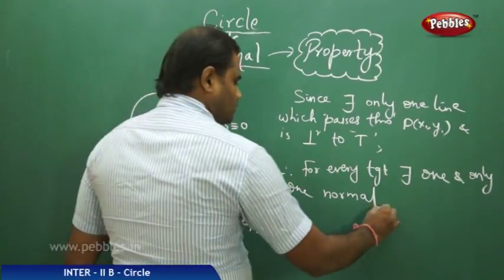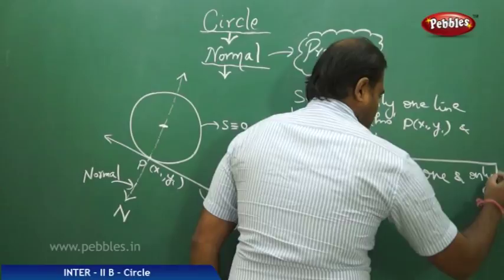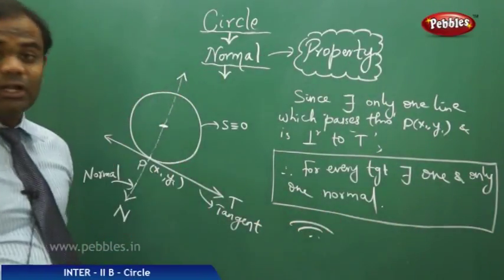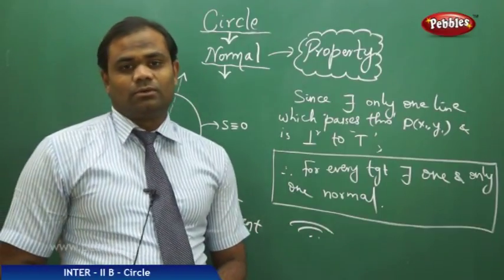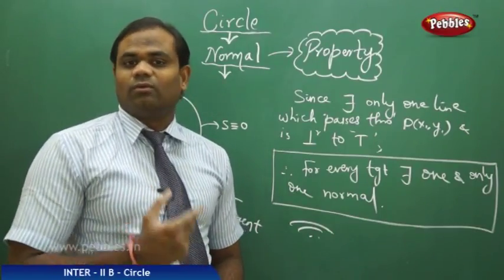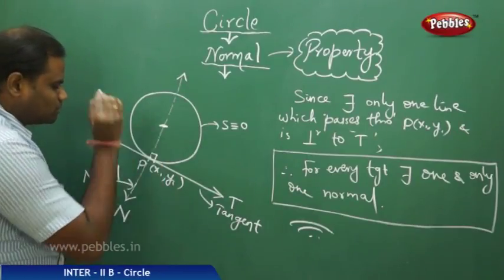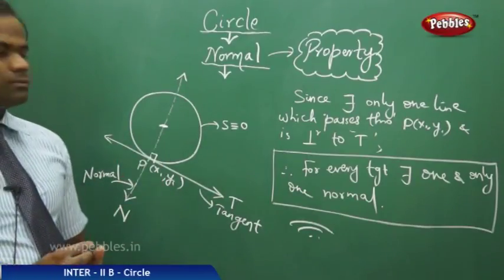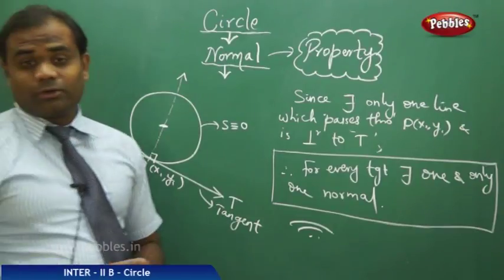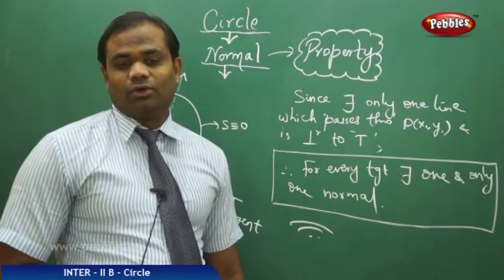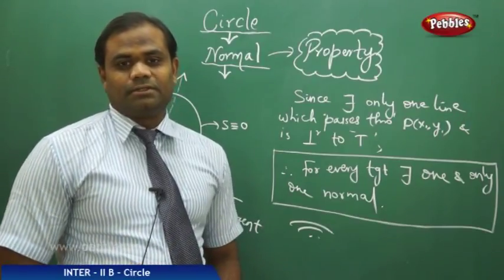So every tangent has only one normal which passes through it. There cannot be two normals for one tangent. The normal is perpendicular to and passes through P(x1, y1), the point of contact. This is the uniqueness of the normal of the tangent T.